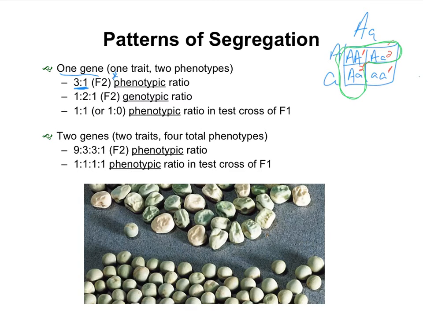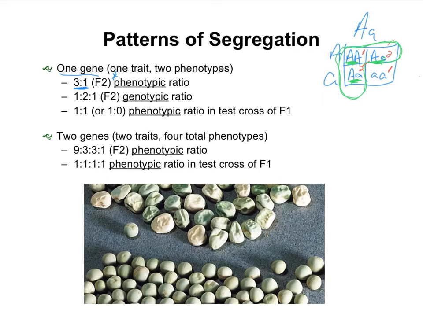Why? Because remember that the heterozygote is the same phenotype as a homozygote when you're talking about dominant and recessive traits. This kind of inheritance, if you have a big A, you are big A. And if that happens to be yellow, then all 3 are yellow. If that happens to be green, all 3 are green. If it happens to be tall, then all 3 are tall. Whatever it is, if you have the dominant allele, you have that phenotype.